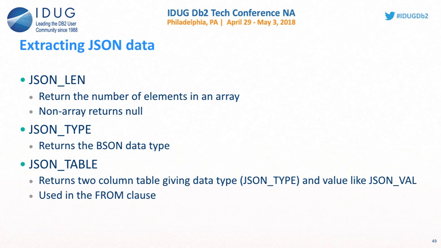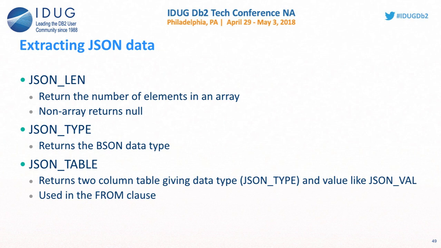A couple of other functions which are nominally useful. JSON_LEN doesn't actually return how long your field is, but if you've got an array, it'll tell you the number of items in your array. So if I've got eight different pieces of data in there, it will come back and give you 8.